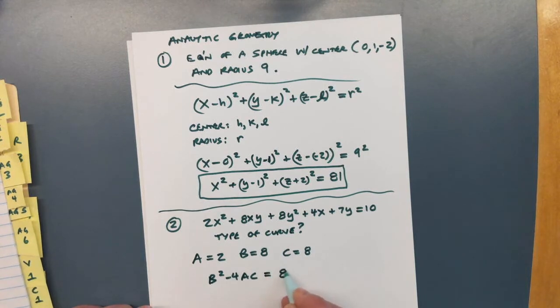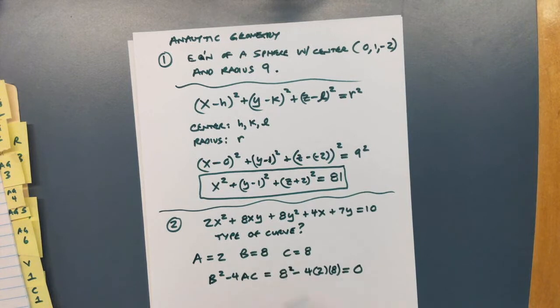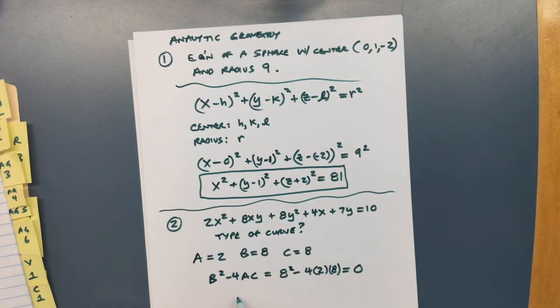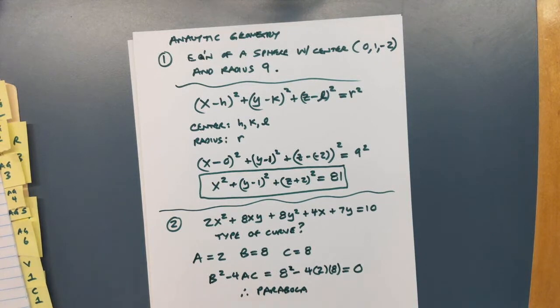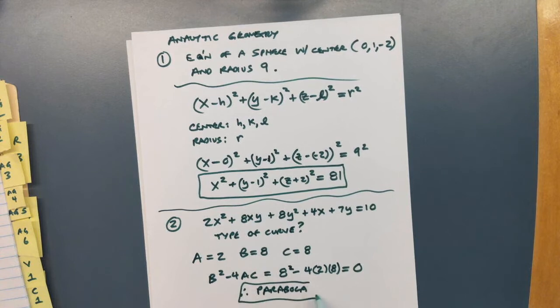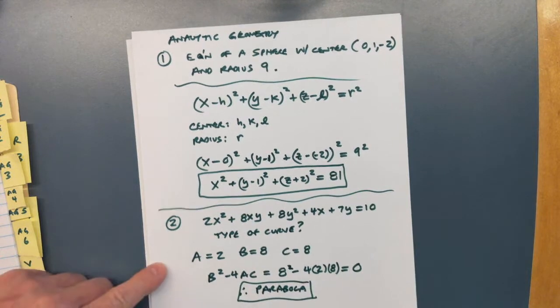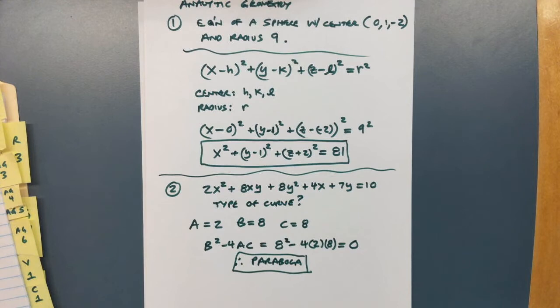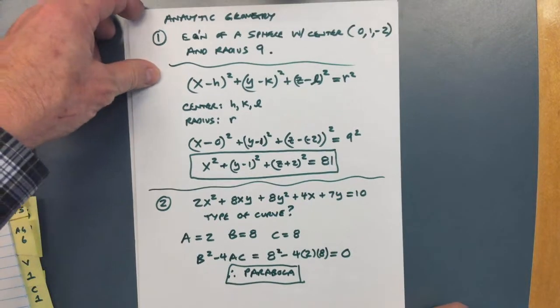So we get 8 squared minus 4 times 2 times 8, and that is 0. Yeah, 0. And when that discriminant is equal to 0, the section is a parabola. Okay, move on.